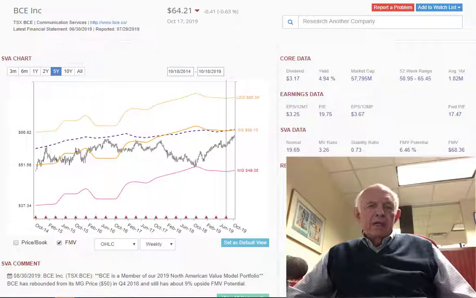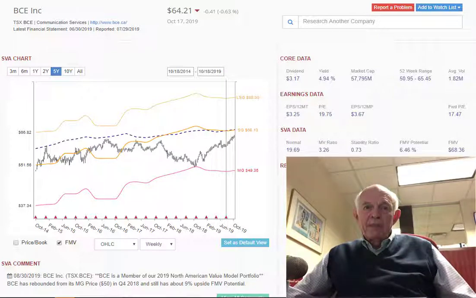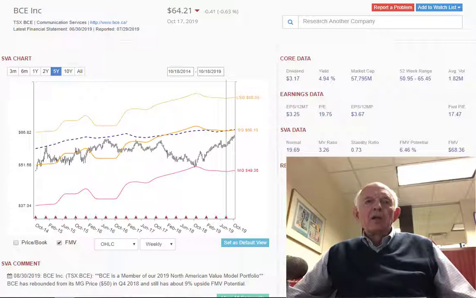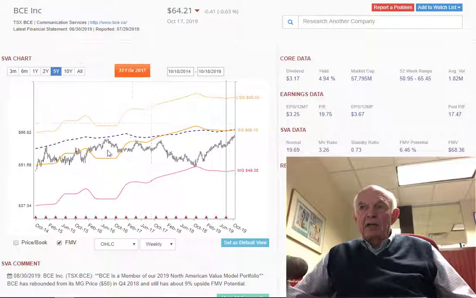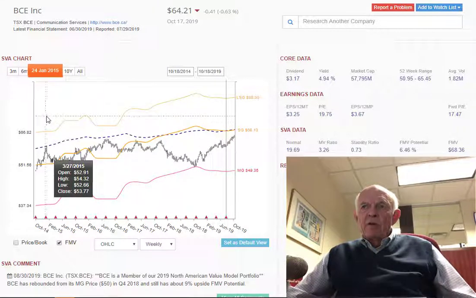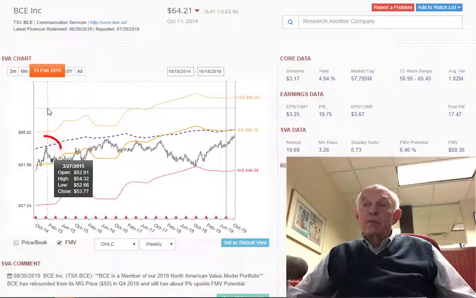What we find for senior companies that have been around for a long time is that they tend to peak out at or very close to their fair market value calculation. You can see here with BCE, it peaked out, by the way, precisely there.